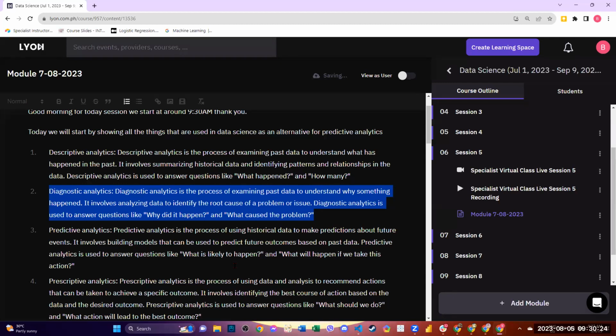So when will be the time for us to implement diagnostic analytics? The time is when a problem happens and we want to know why that happened.